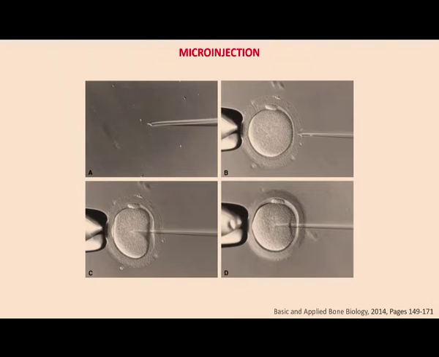So in this picture, you can see a needle here on figure A. The needle already contains this solution with the DNA. And in figure B, you have an egg cell, and the egg cell is being held in place with the suction force of a pipette, and therefore the cell wouldn't be able to move. So you can hold that cell, and now you can slowly inject the genetic material into the nucleus of the cell using this needle, and thus you can achieve microinjection.